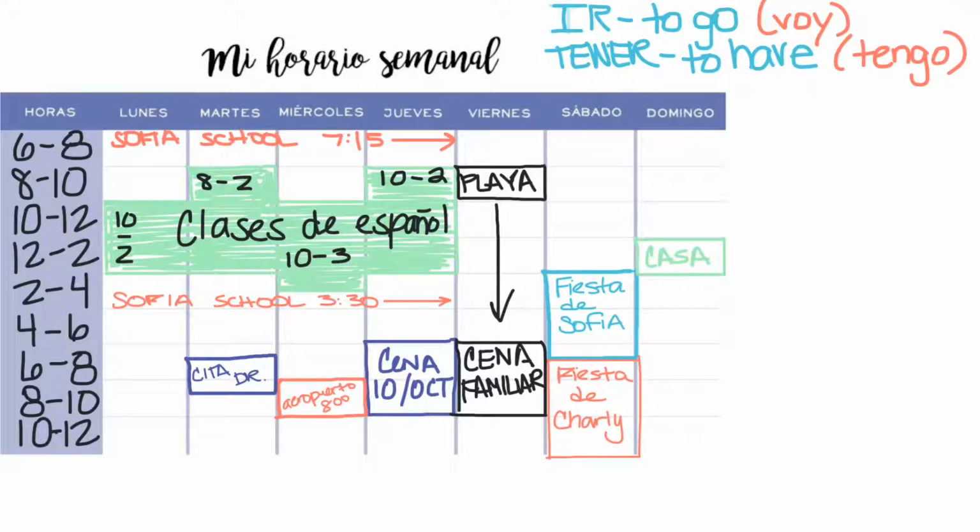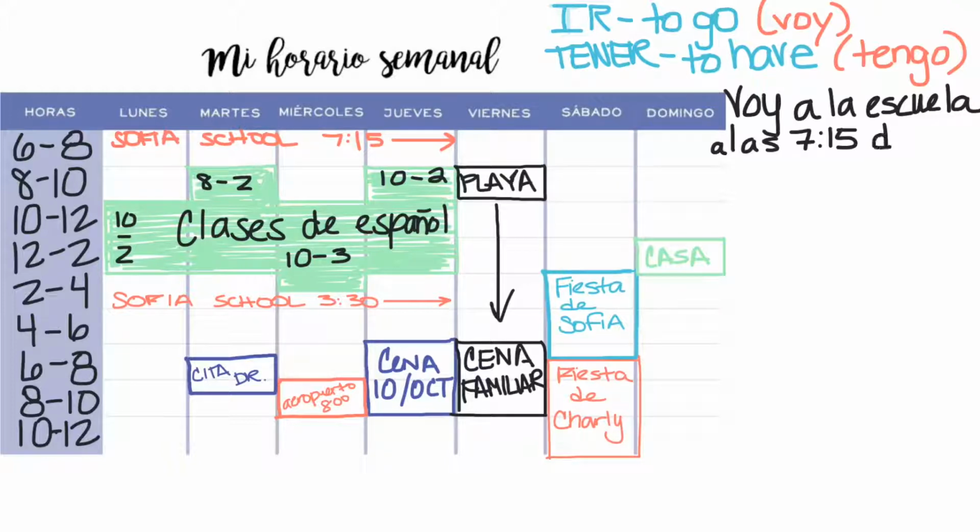So starting off, it looks like the first thing I do on a schedule every day is that I go to my daughter's school. I bring her to school. So I'm going to use voy. Voy a la escuela a las 7:15 de lunes a jueves.